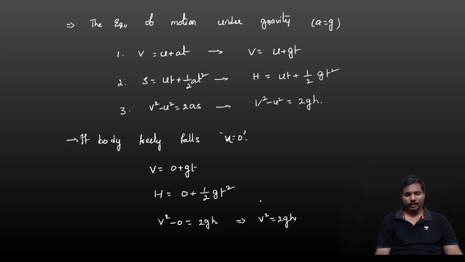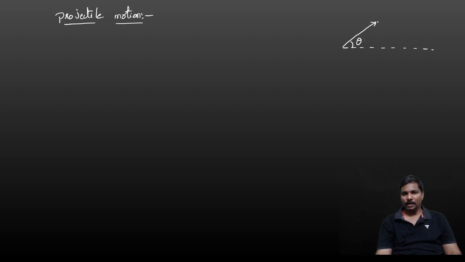Now coming to the equations in case of angle of projection. Let us take projectile motion. If you throw any object with an angle of theta, it always takes a curved path.